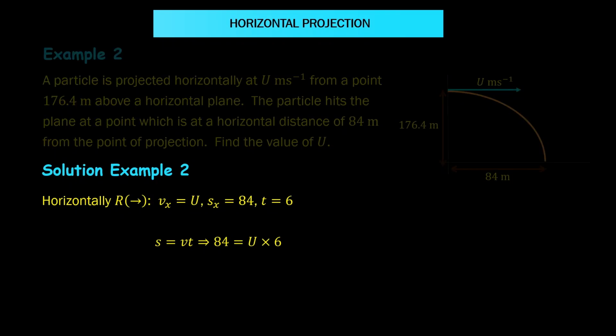And so we can use the equation s equals vt. Plugging everything in, 84 goes here, initial velocity is u, and time equals 6. Now rearranging gives us that u, the initial velocity, equals 14 meters per second.